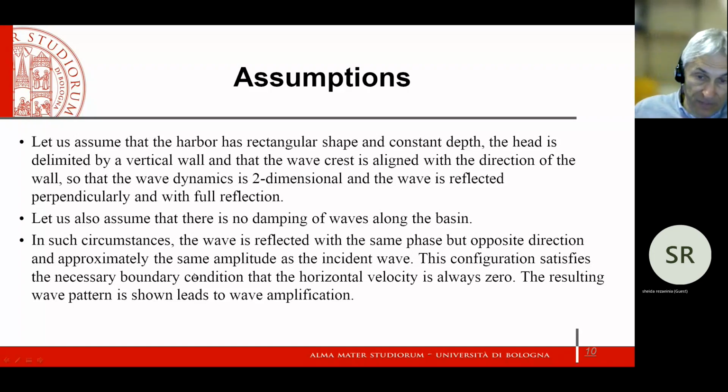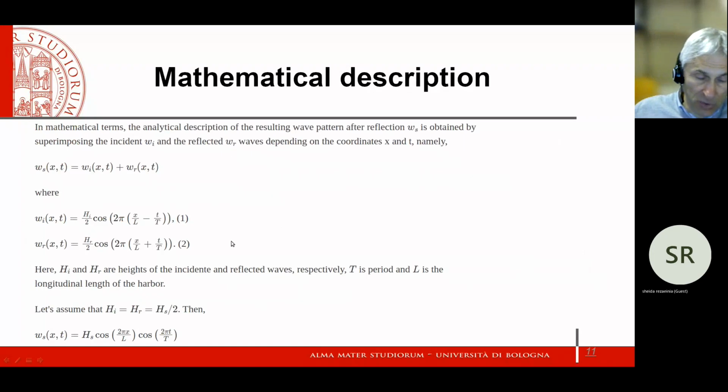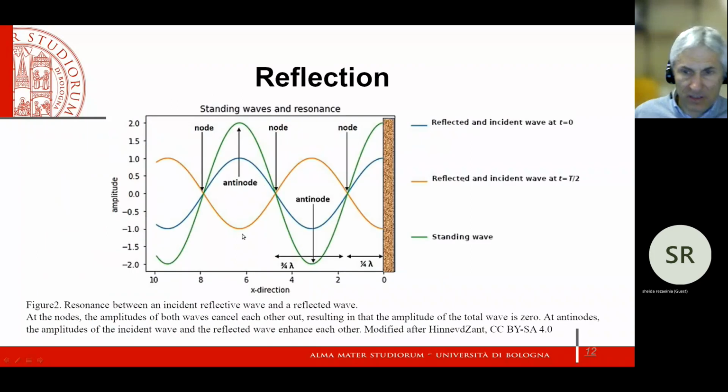Let's show a graph here. Before we look at the math, let me see the graph. Let's forget about the yellow wave for now. Imagine the figure without the yellow one.